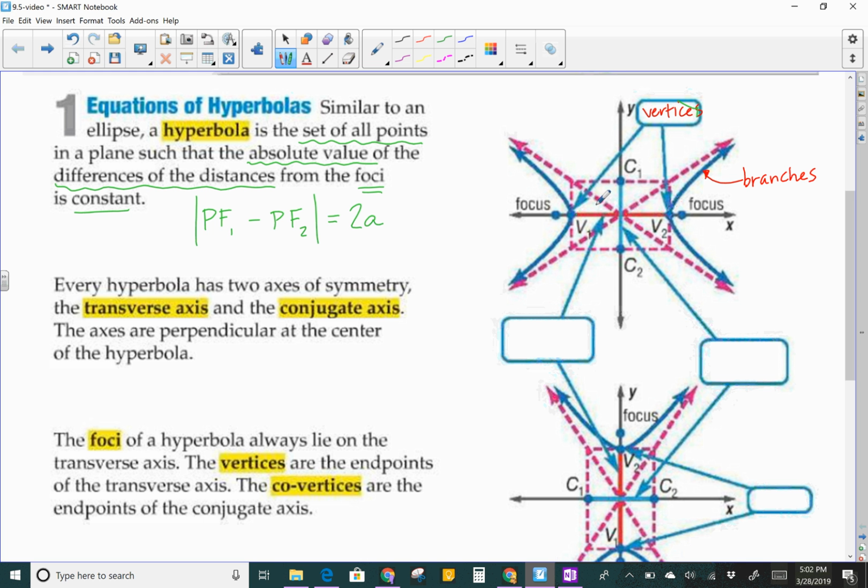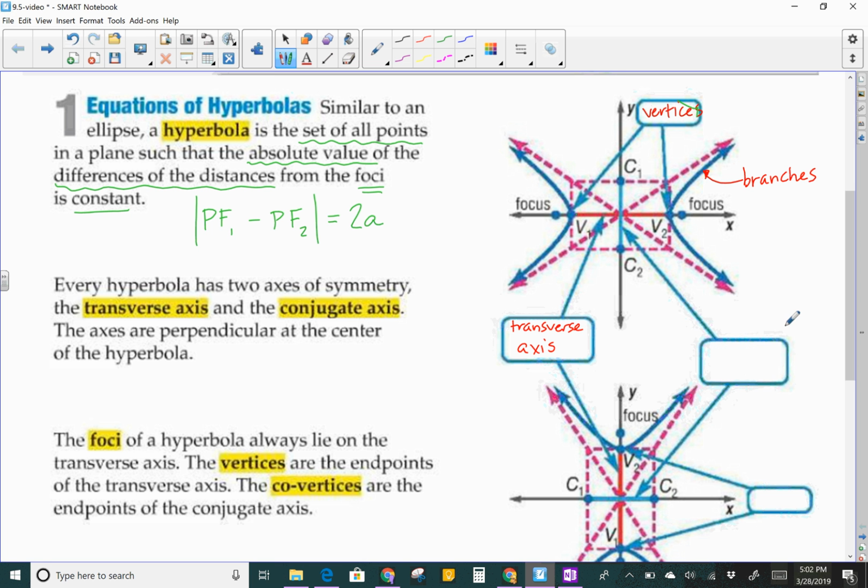The distance between the two vertices, that is referred to as your transverse axis, as in it has the vertices. And the other one, the one that doesn't have the vertices, they're labeling it C1 and C2. This is called your conjugate axis.